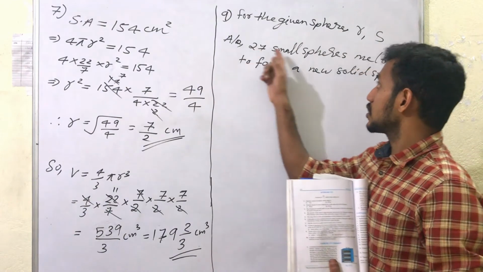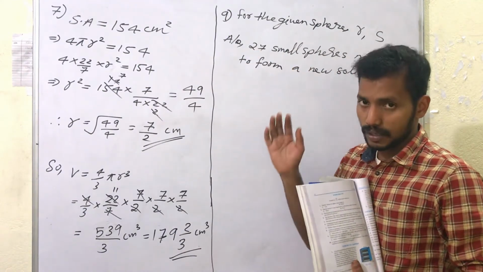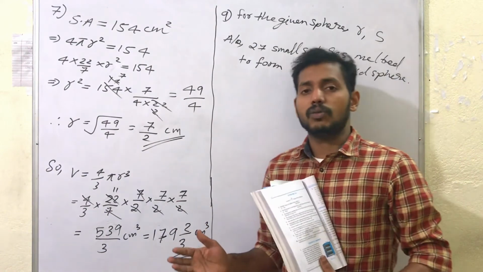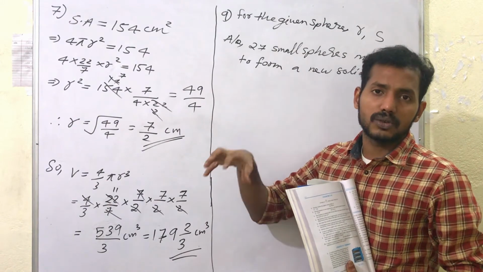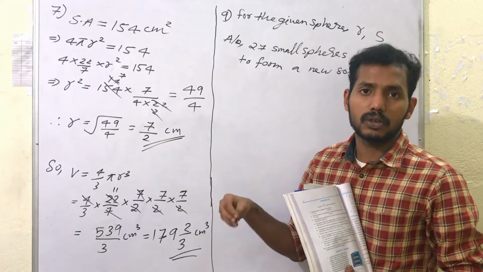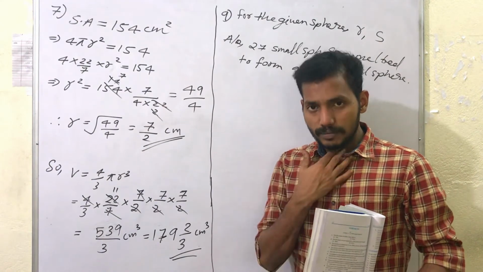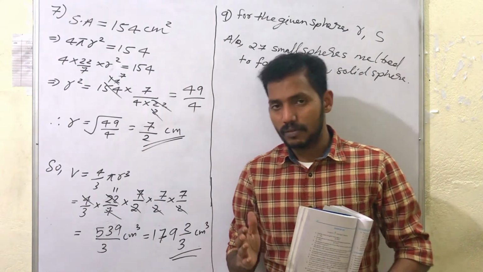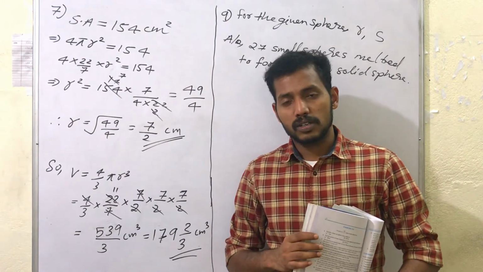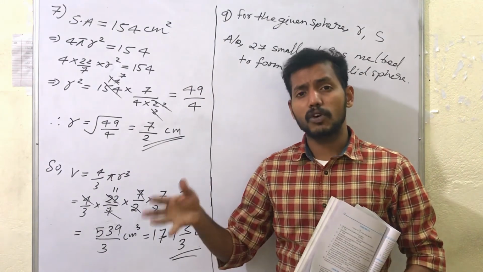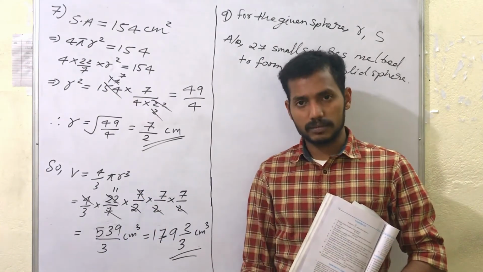So what we need to understand is that the volume of these 27 spheres should be equal to the volume of the new solid sphere, because the volume cannot change when we change the shape of an object from one shape to another shape. So the volume before melting should be equal to the volume after melting.